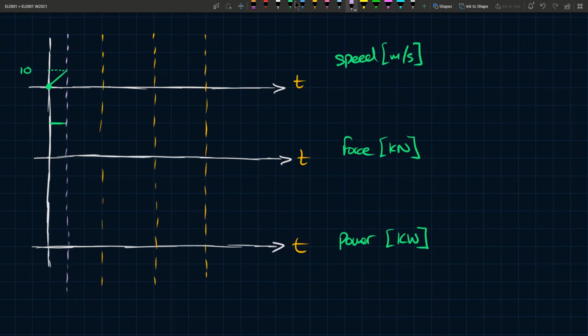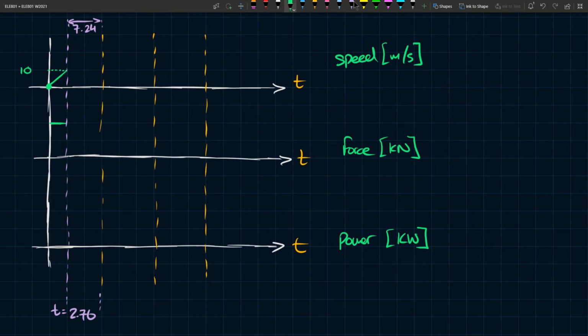So we solved this was 2.76, which means that this is 7.24 seconds, right? And that's just the difference between 10 and 2.76.